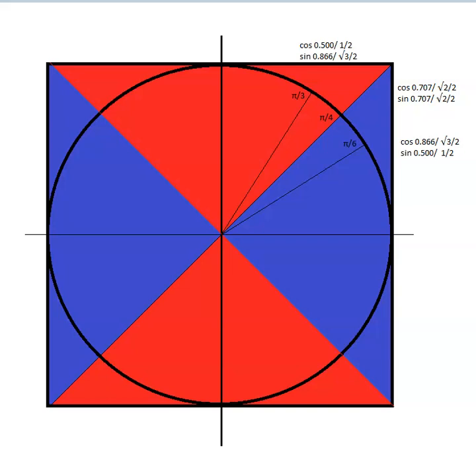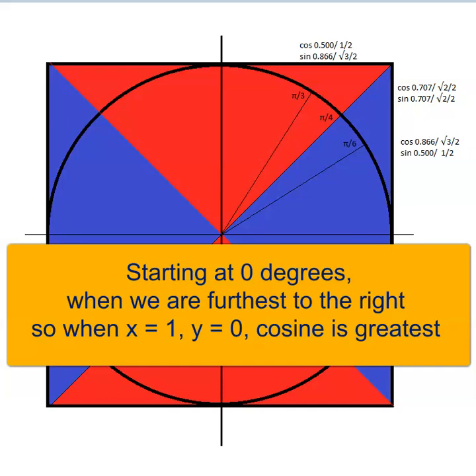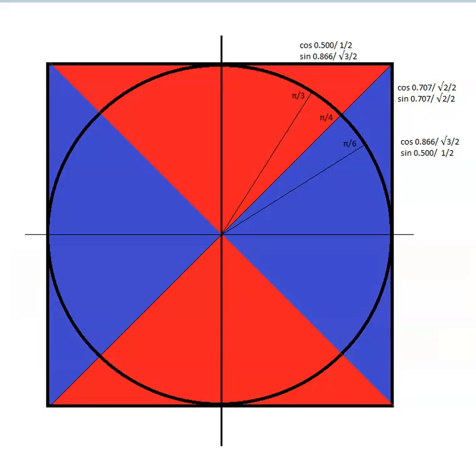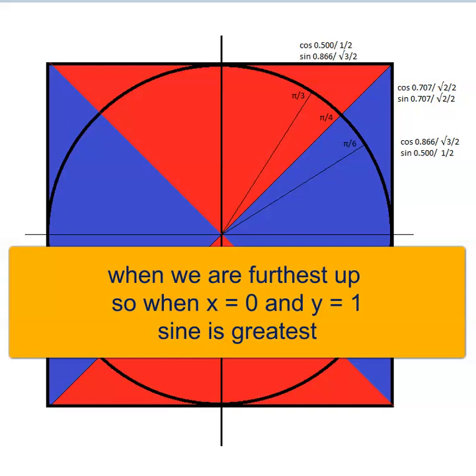So beginning at 0 degrees, when we are furthest to the right, so when x equals 1 and y equals 0, around this point here, cosine is greatest, cosine equals 1, and then sine equals 0, and then likewise when we are as far up, 90 degrees or pi over 2 radians.